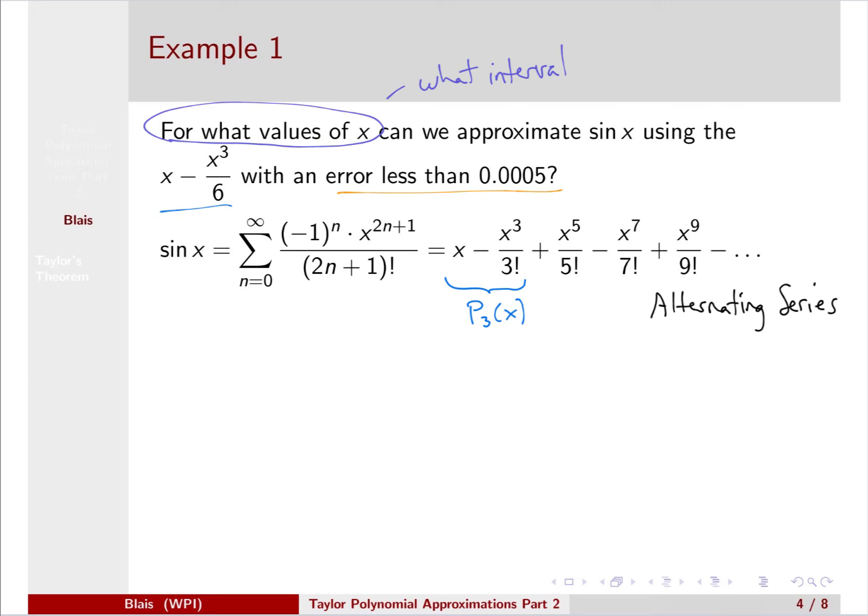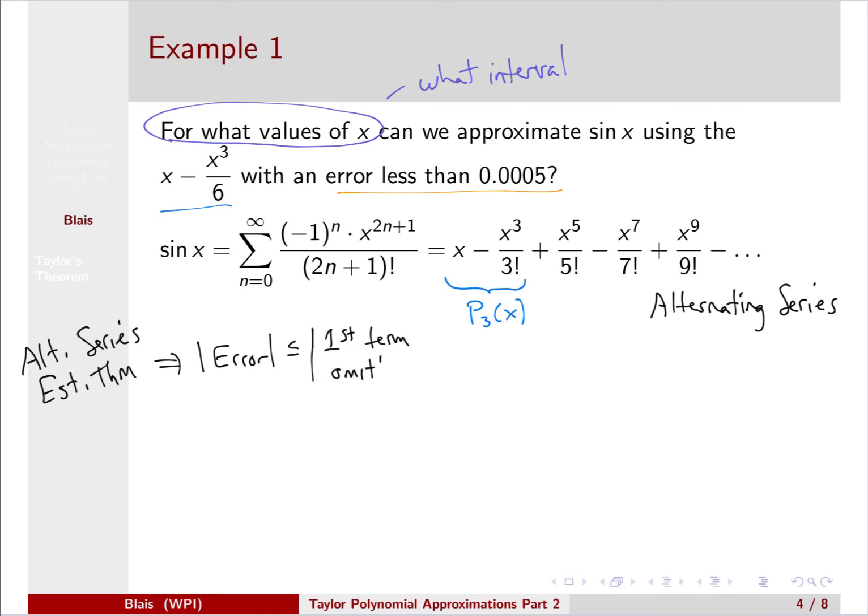Since it's alternating, the alternating series estimation theorem tells us that the error of our approximation is less than or equal to, in size, the first term omitted. Well, we know our first omitted term is x to the 5th over 5 factorial.